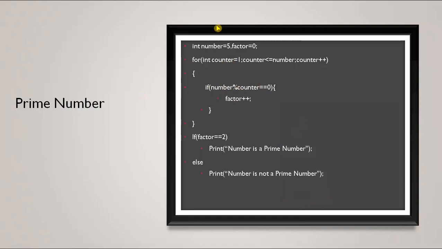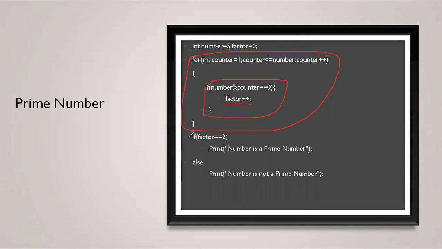So most of them will get confused while writing the logic. They'll write, inside this for loop, after if this number mod counter equals to 0, factor plus plus, or they'll write System.out.println number is prime number, else number is not a prime number. So that is not the correct way of writing it. What we are finding inside this for loop is how many factors the number has.